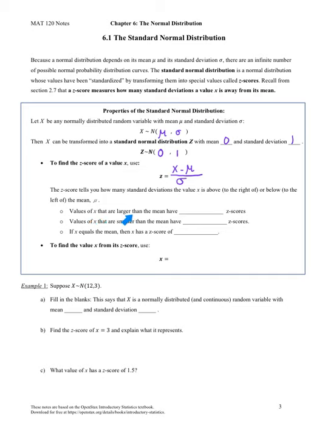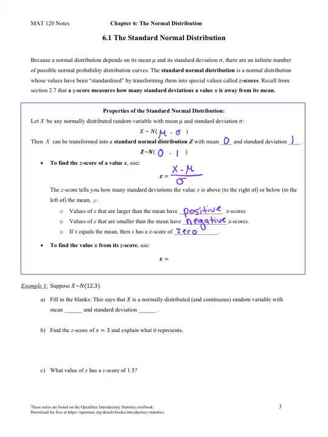Values of x that are larger than the mean have positive z-scores, whereas values of x that are smaller than the mean, in other words, have negative z-scores. If x equals the mean, then x has a z-score of 0.